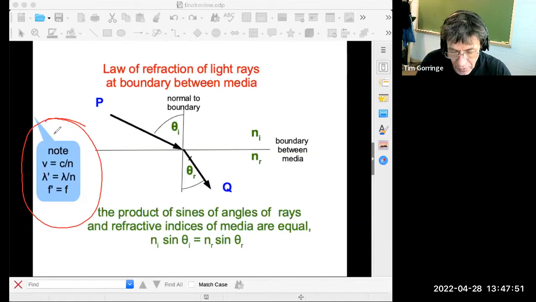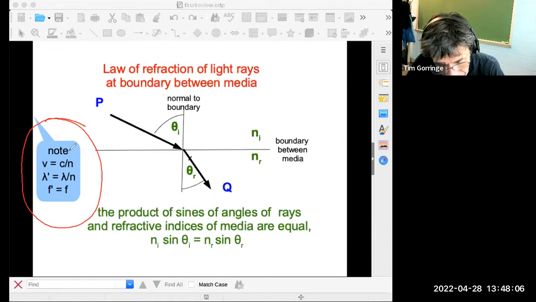And also the wavelength can be shorter or longer, depending on the relative size of the refractive indices of the two materials. But the frequency of the refracted ray and the incident ray, those are the same. And that's all embodied in this set of equations here about the speed, the wavelength, and the frequency of light rays in optical materials with refractive indices N.